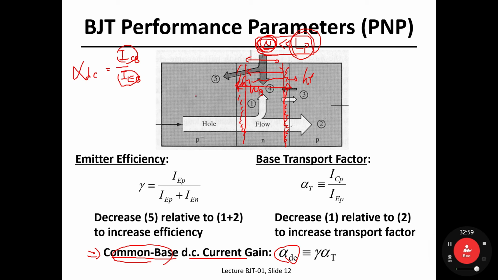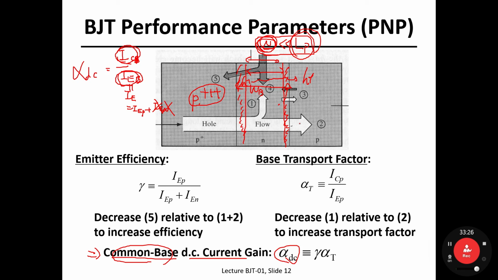But if your emitter is very heavily doped, then this I sub E is I sub EP plus I sub EN. But since the P side is very heavily doped, you can ignore this part. And what about here? I sub C, collector current.